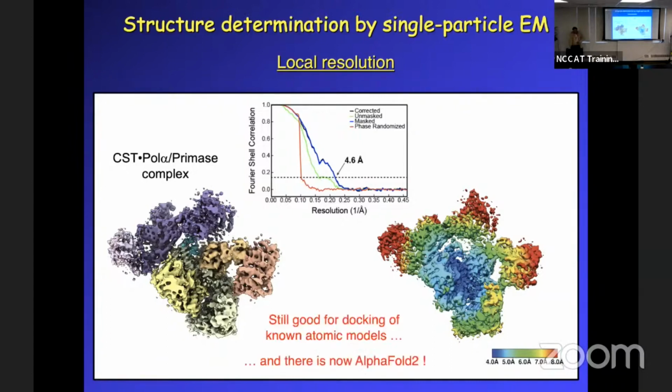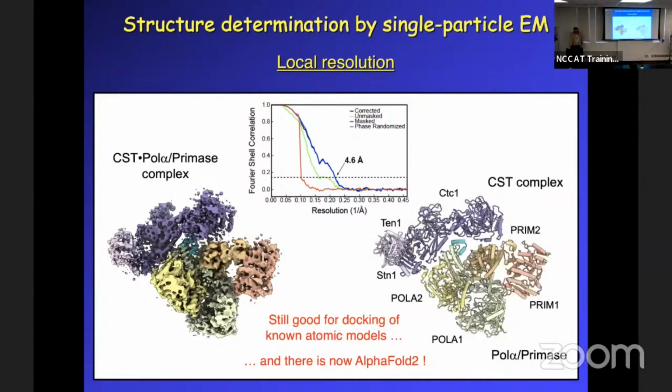So getting back to it. If you have a map at 8 angstrom, you don't have to give up, because you can still use it to dock in crystal structures. And these days you have AlphaFold 2, so you have a lot of structures that you can dock into your complexes. AlphaFold 2 has really made a tremendous contribution to structural biology.